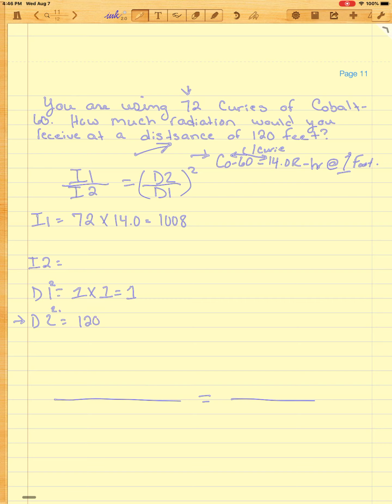But we still have to get rid of this 2, which means we have to square this, and 120 times 120 equals 14,400. So that leaves us with a question mark for intensity 2, which tells us that that's what we're solving for.